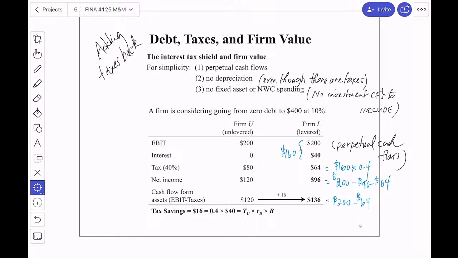Well, it's $16. You can see there's a $16 difference between these two. And that's from, just like we did with the tax shields, it's 40%, the tax rate, times, in this case, not D, but the interest payments.